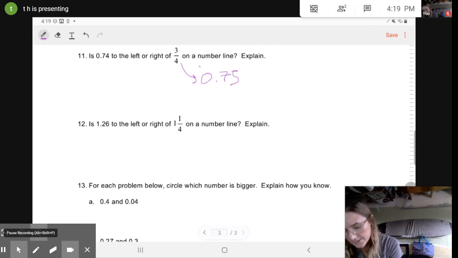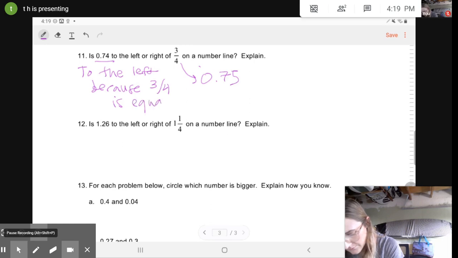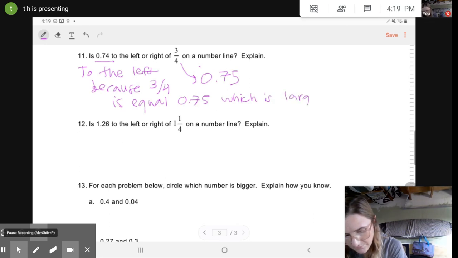So 0.74 would be to the left because 3/4 is equal to 0.75, which is larger than 0.74.